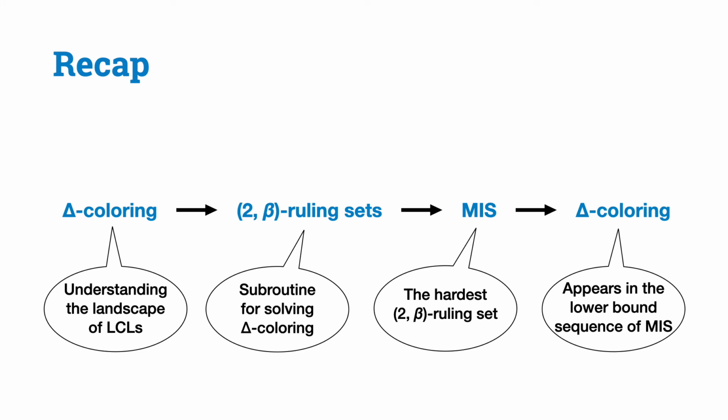But for understanding MIS, we first had to find a way to prove a lower bound for delta coloring through round elimination, because somehow the delta coloring problem appears as a sub-problem in the lower bound sequence of MIS. Notice that at this point, we knew that understanding delta coloring was necessary to understand MIS, but we did not know if it was actually sufficient.